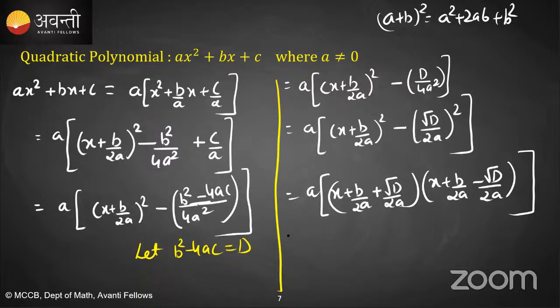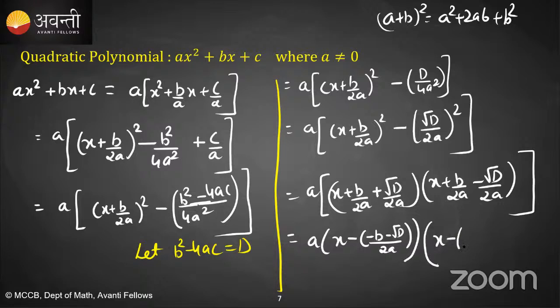So this can be written as a into, take the minus common, so this becomes minus b minus root d divided by 2a, into x minus b plus root d divided by 2a, right?